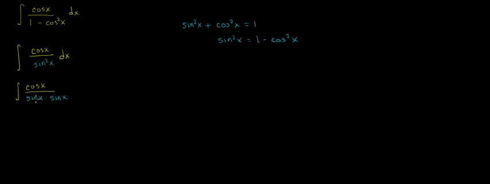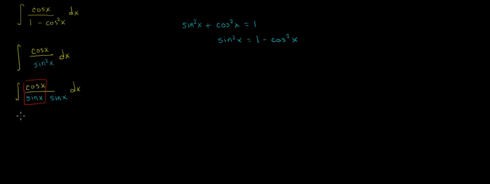And keep in mind, sine of x times sine of x gives us back this sine squared. So I'm not really changing the problem, I'm just rewriting it. But now what I notice is that I now have this cosine over sine of x, and I forgot I should always keep this dx coming along for the ride.